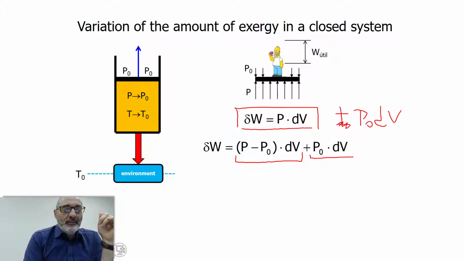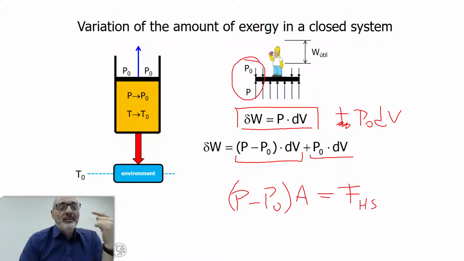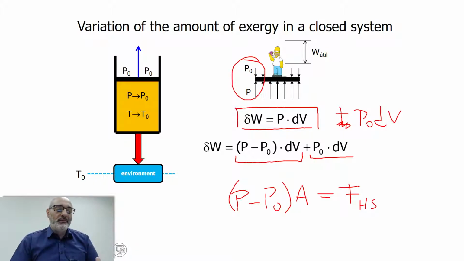P minus P0, if I multiply this by A, is actually the force applied to Homer Simpson, because it is the resulting force from P, which is acting upwards, and P0, which is opposite.